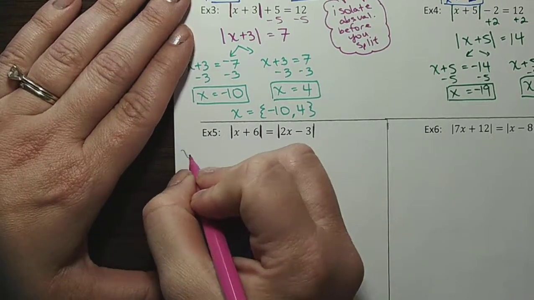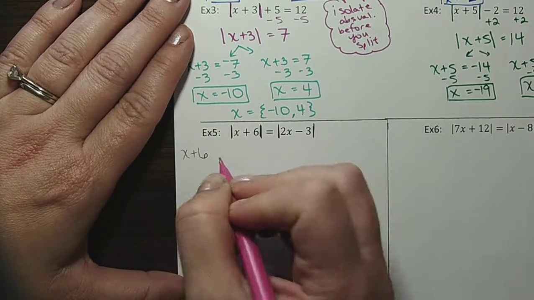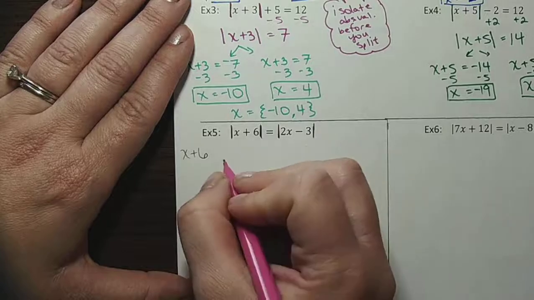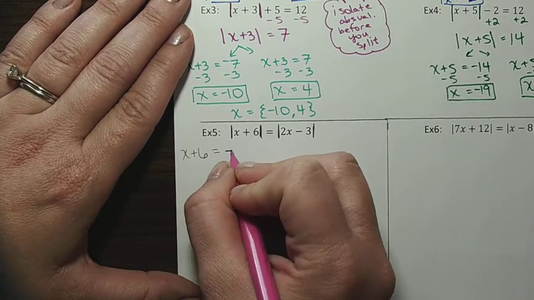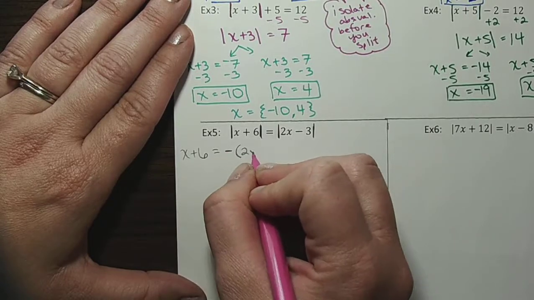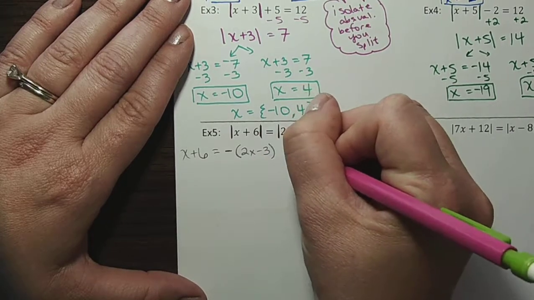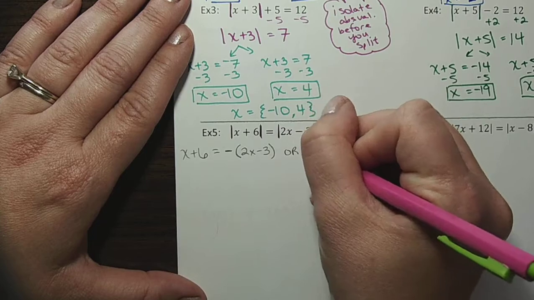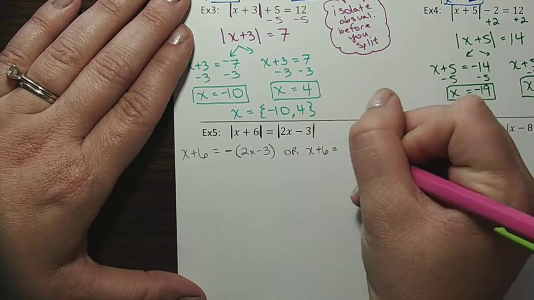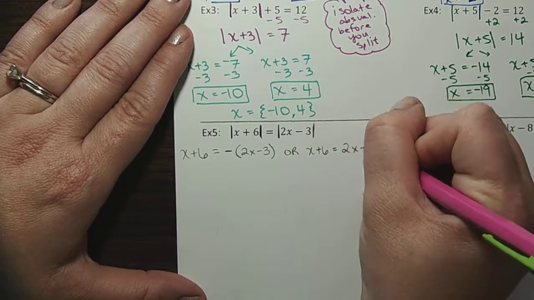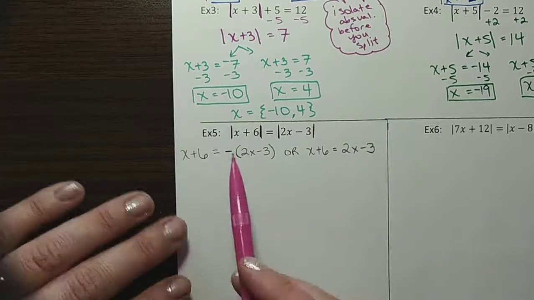So we're going to say x plus 6 can equal the negative of 2x minus 3, or x plus 6 could equal the positive 2x minus 3.